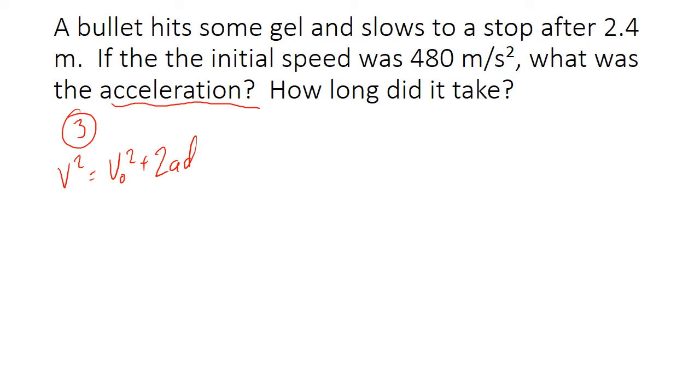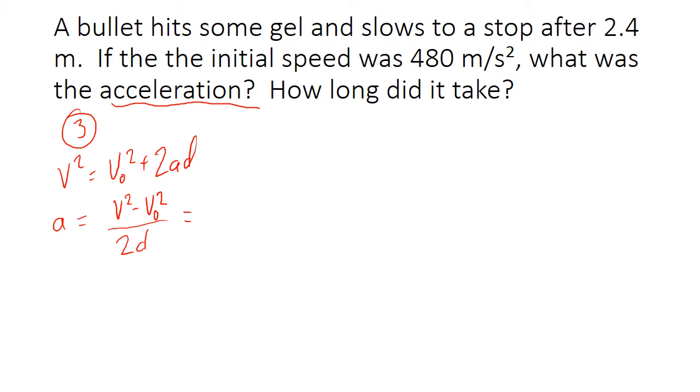So let's solve for a first, because the reason why we're doing this is we're practicing working without numbers and just working with the variables. That's the reason why, okay? So acceleration is equal to v squared minus v0 squared, and then we're dividing by 2d, right?